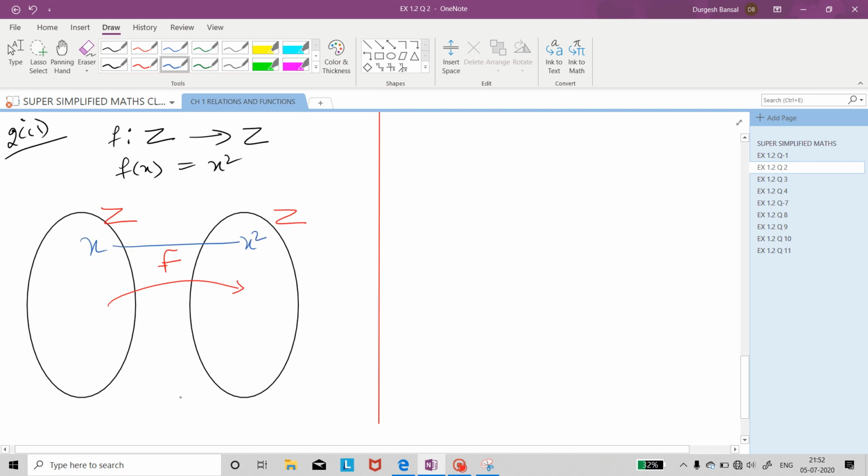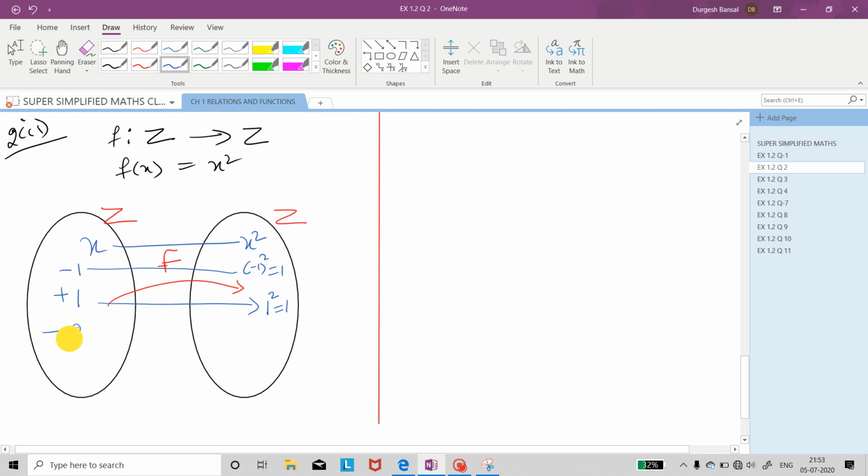So let us try to apply this function f on a few integers. If you take any integer, say -1, what will be its image? Its image will be -1 square, or 1. If you take another integer, +1, its image will be 1 square, or again 1.